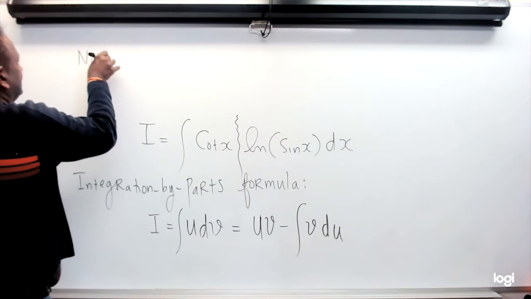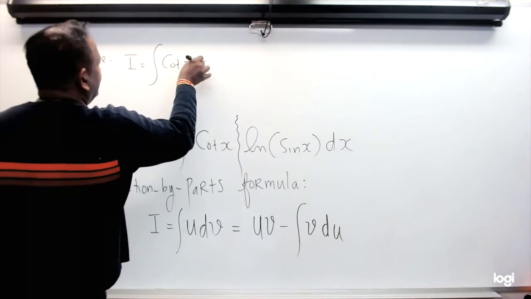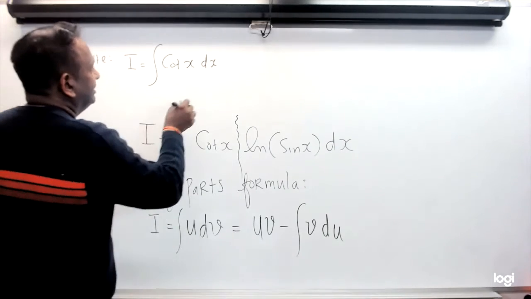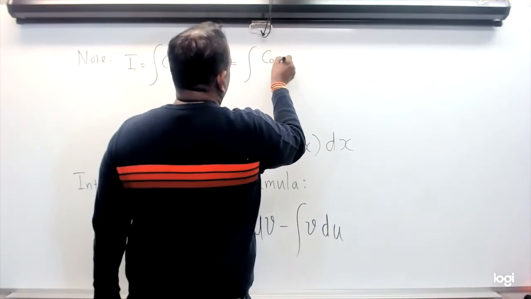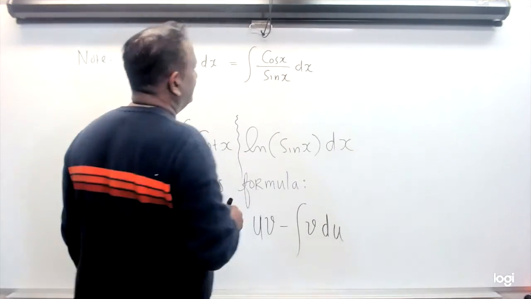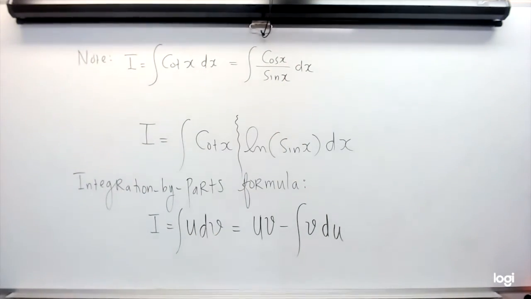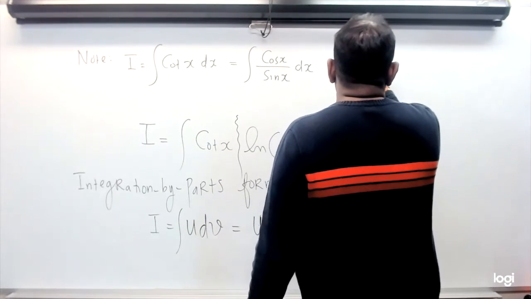Note, think about this guy, cot x dx. You can split it as cos x over sin x dx. If you have something like that, you know we have a formula even for this one. What does the formula say?